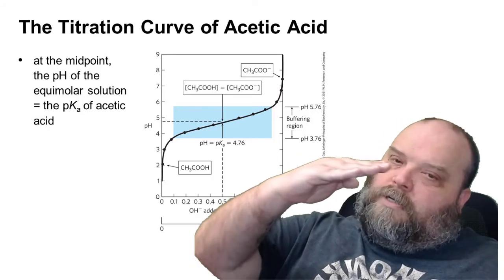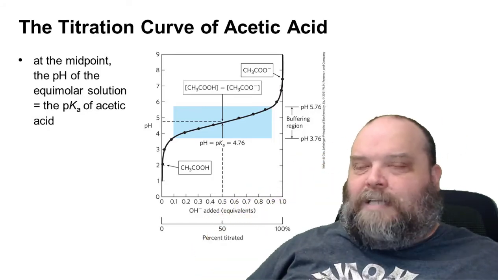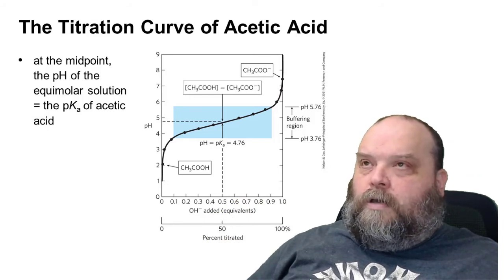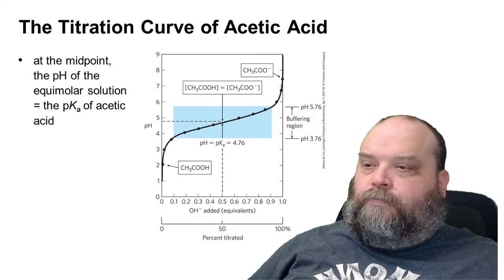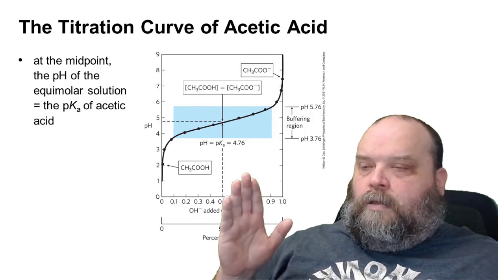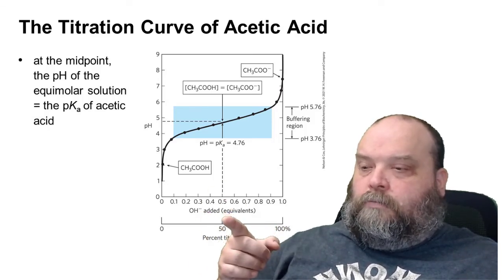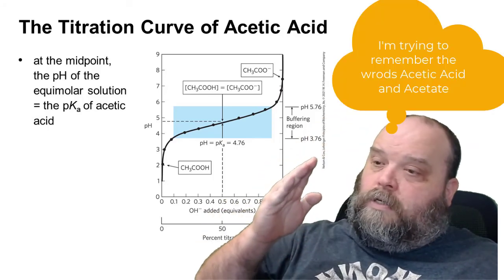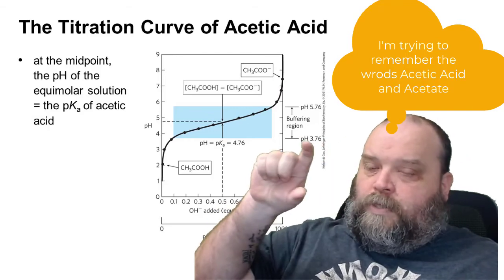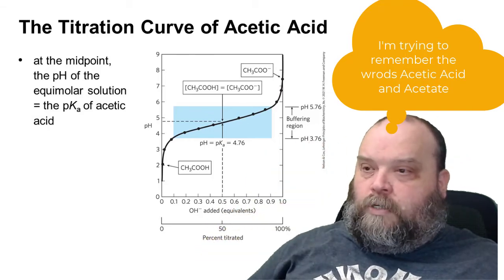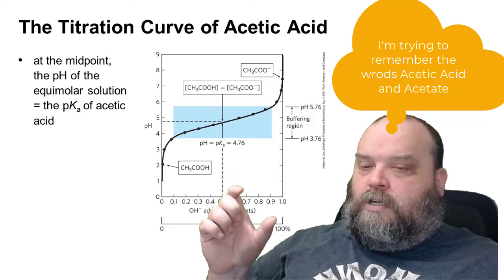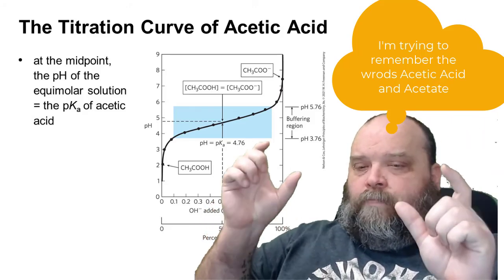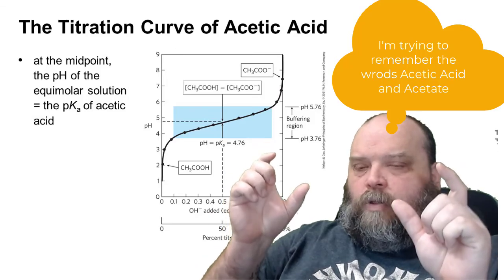That lag where it starts to bend over, that's the buffering region. That's the region where, as they're showing here, CH3COOH, as it increases, it hits a point within that blue box, that buffering region, where the concentration of the COOH and the concentration of the COO- are in equilibrium.